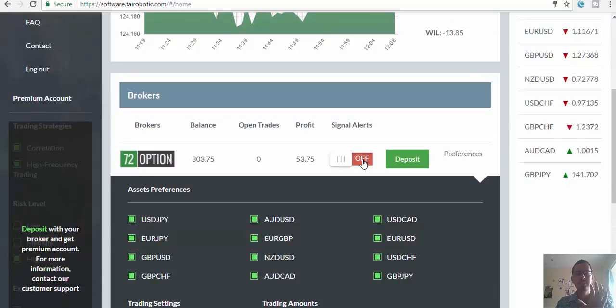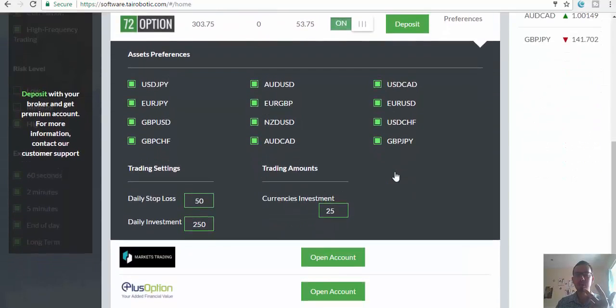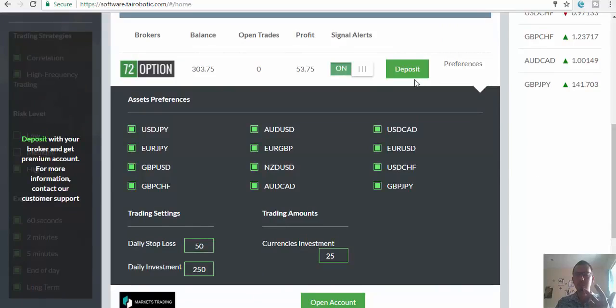All you have to do, guys, is sign up, you'll be assigned to a broker automatically, and then you can just turn the auto trader on like so. And the auto trader will start placing trades for you. So here we go.